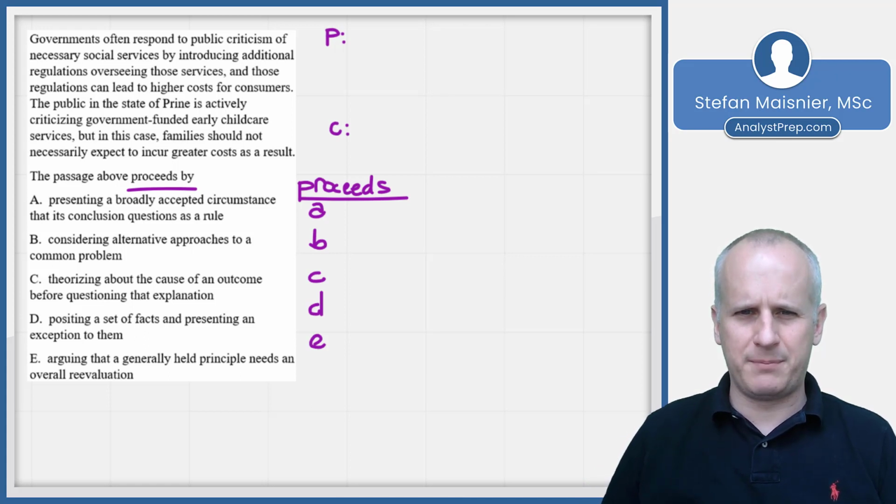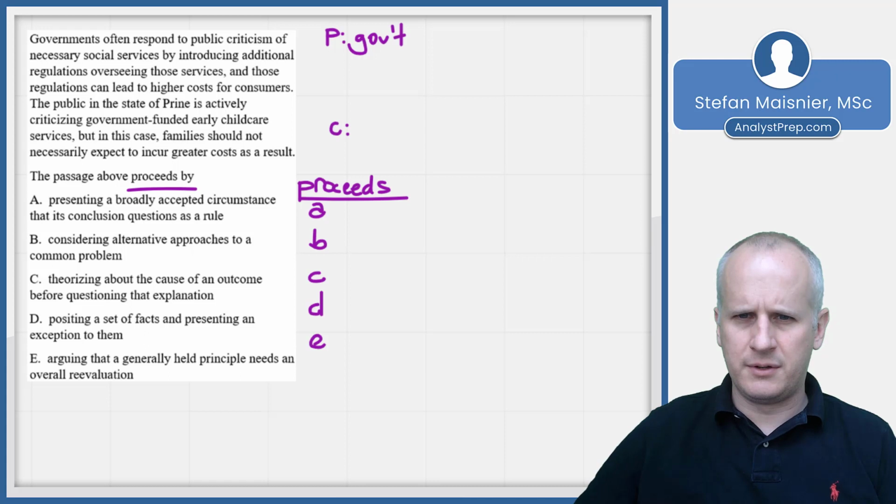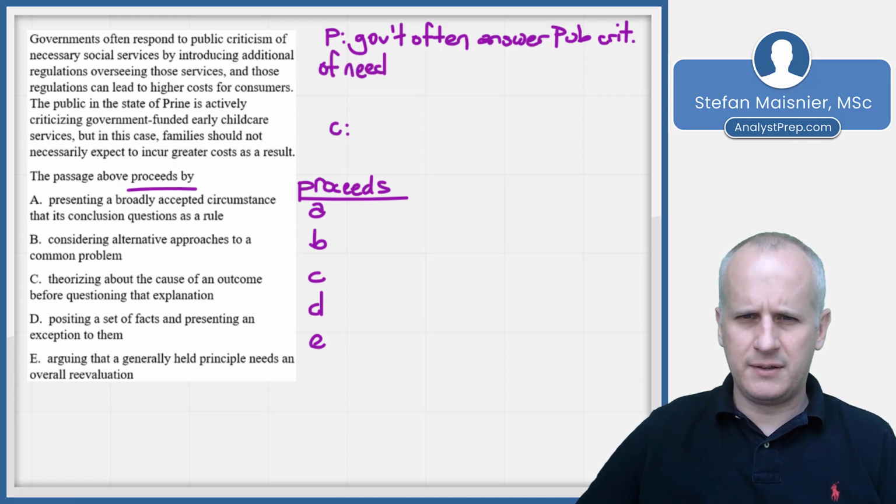Governments often respond to public criticism of necessary social services by introducing additional regulations overseeing those services. Okay, so we know that government often answers public criticism of needed social services with added regulations.